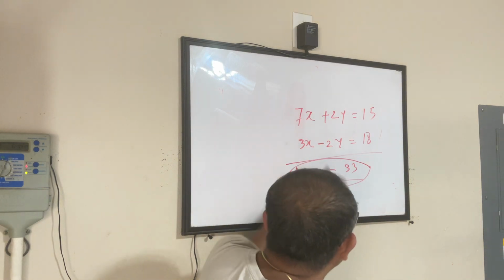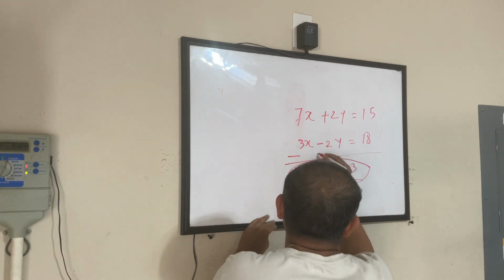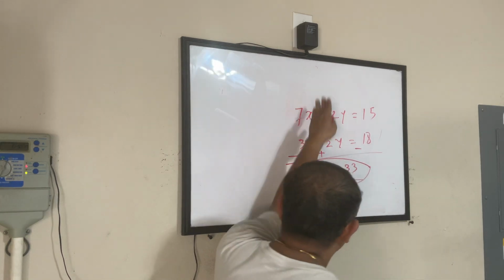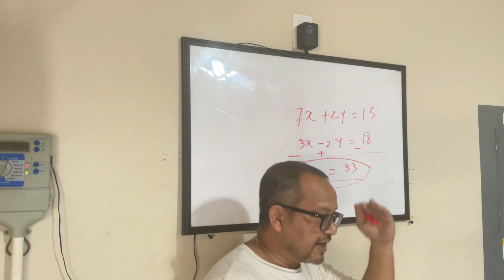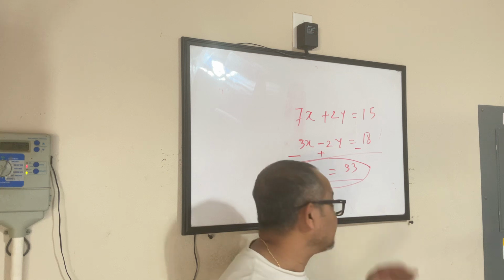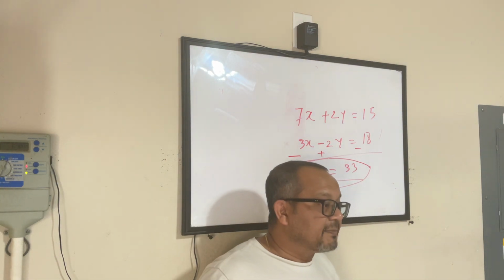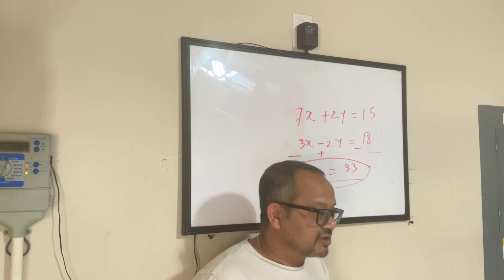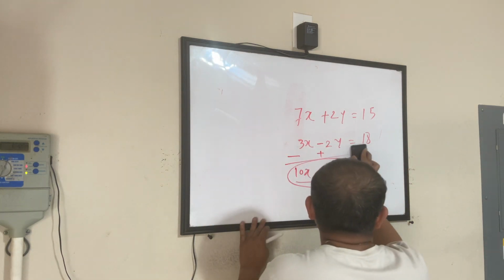So you can add the equations, you can subtract also. That is also a legitimate operation. You can form a third equation by adding or subtracting. But apart from that, there are some more tricks that you can apply.